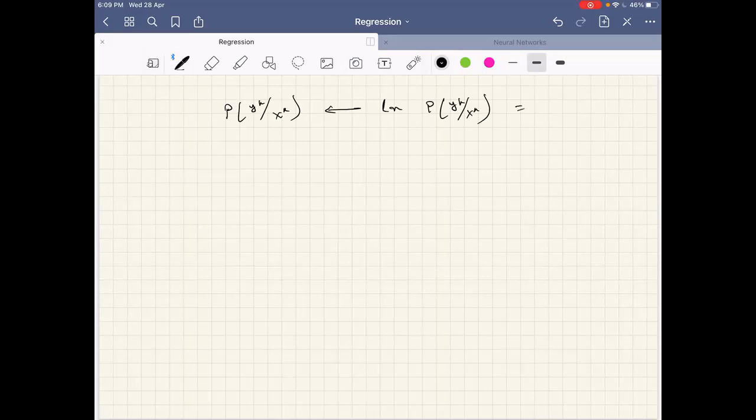We can write this as L of w in short, as it is a function of w.